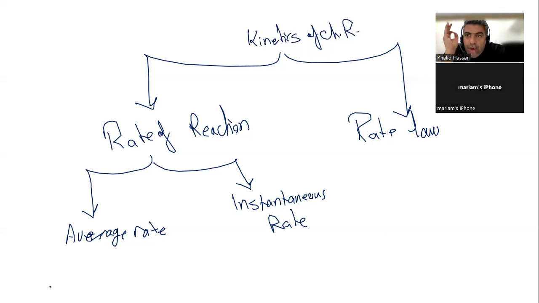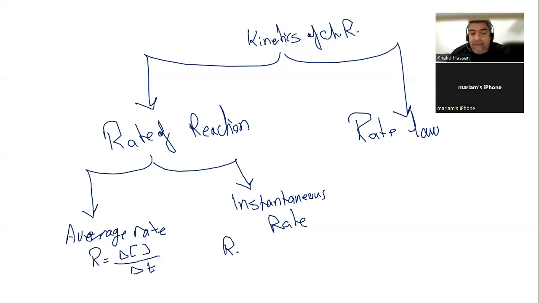What is the rate at this moment? So at this time, it is also the speed divided by delta T, because it is instantaneous. For the average rate, it equals delta concentration over delta T.